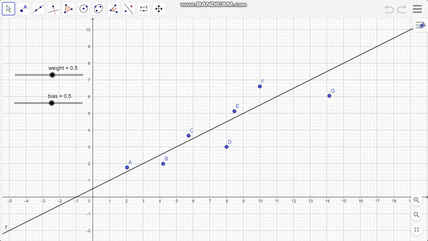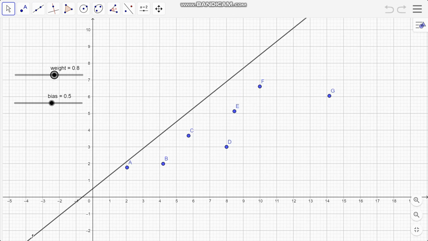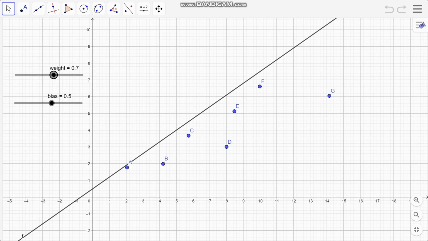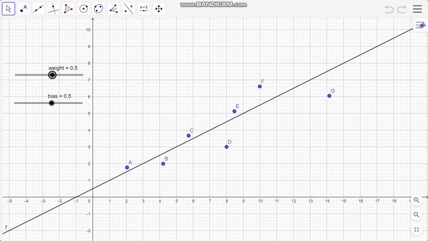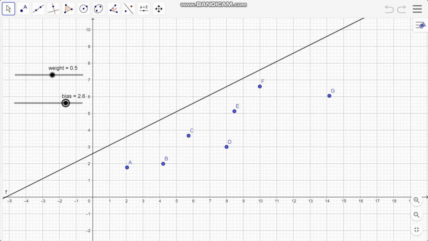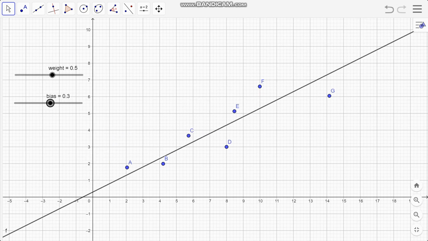I have to assign weight and bias such that my line fits best according to these points, so that my squared error is minimum. When I change my weight, the line goes up and down, and when I change my bias, it changes the intercept. So what do we learn here? We have to assign weight and bias such that the line fits best according to each and every point.